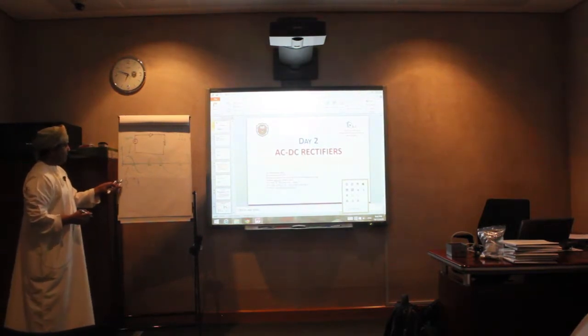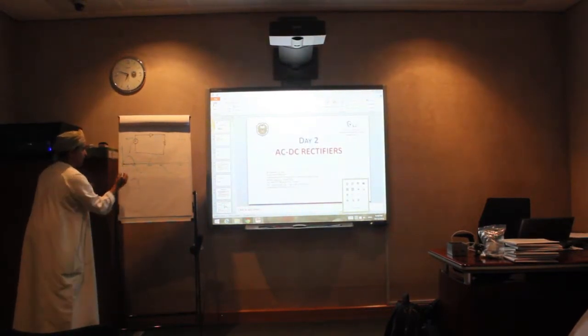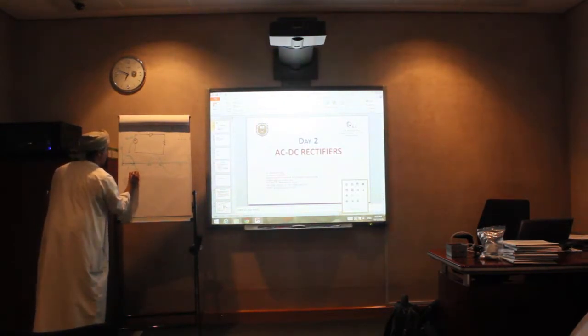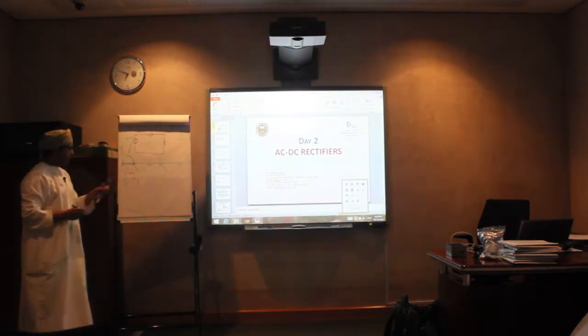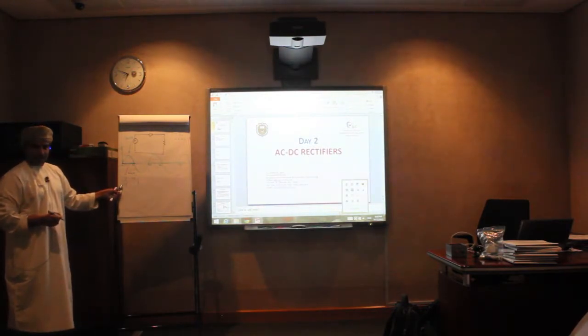So in this case, this is positive from here until this interval here. From 0 to pi. On that interval, this is the polarity of my source.